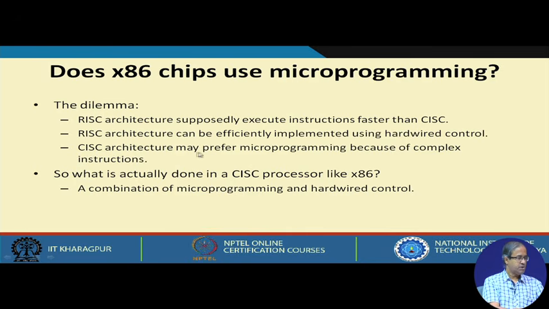So, there can be a somewhat of a compromise you can make. Where the complex instruction sets are concerned, you can use microprogramming to break them up into simpler instructions, and at the next level you can have a RISC kind of architecture which will be executing the simpler instructions using a combination of microprogramming and hardware control.